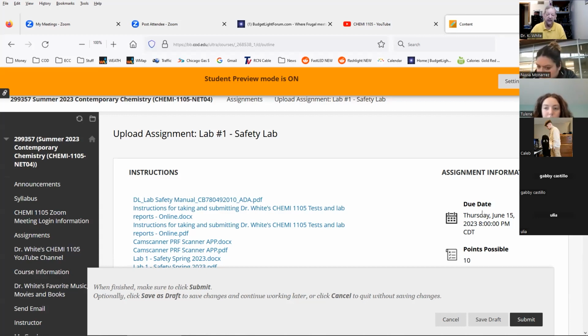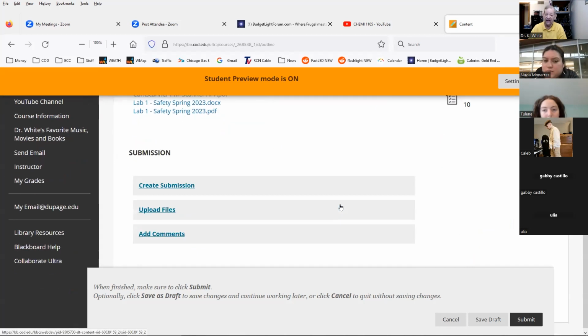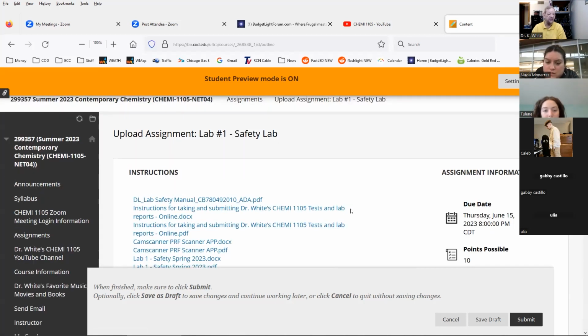Every lab you do, the due date will be on this part of the screen. And if you're unsure of it, you can always email me. Each one of these labs has its due date, and it's 10 points, 5 and 5. So make sure you get it in so you get 10. It's easy points.